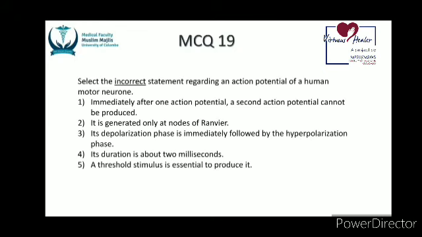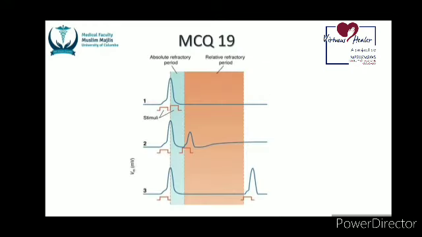Statement number 1. Immediately after one action potential, a second action potential cannot be produced. Now this statement is true. This is because after the initiation of an action potential, as you can see here in this diagram, there's going to be a refractory period during which another action potential cannot be produced.